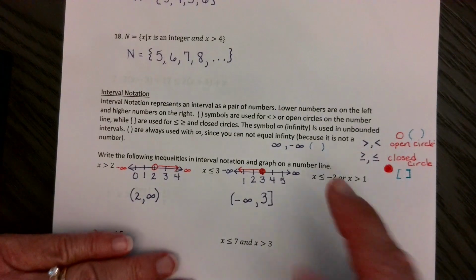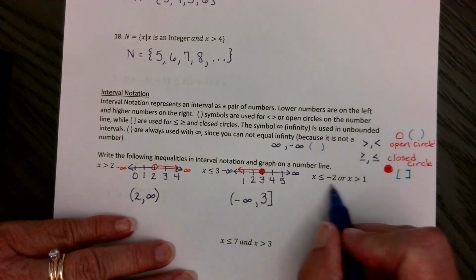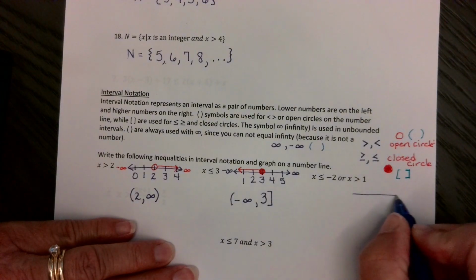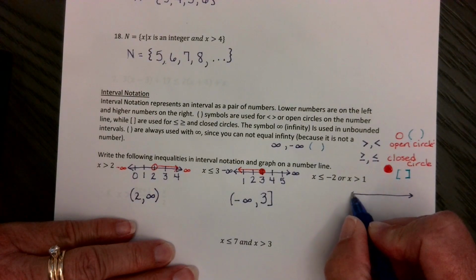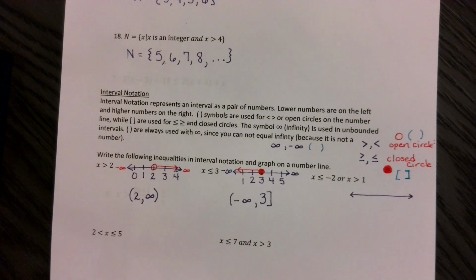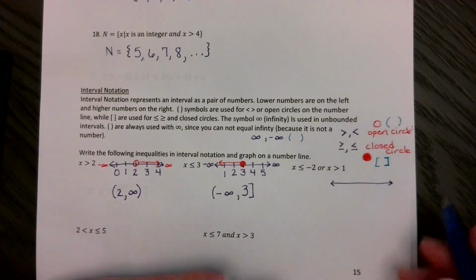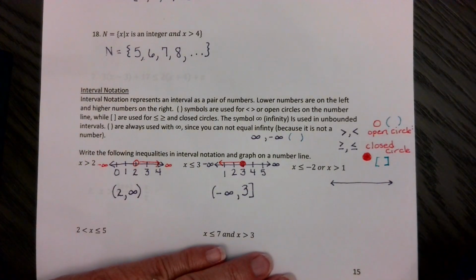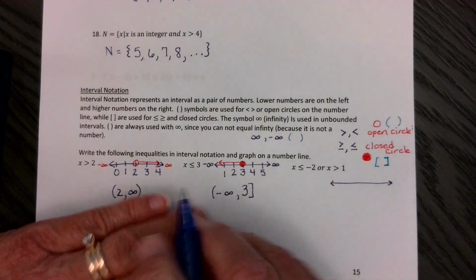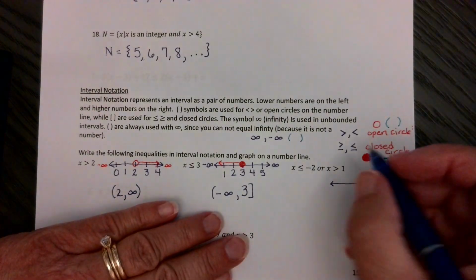Okay, so this one right here, we actually have 2 things we're going to graph. And it's not that you're going to deal a whole lot with ands or ors. You'll have some homework on it. I won't put it on the test. All right, so let's just graph this as two different ones. All right, so we got -2 and we got 1. On a number line, you want to put them in order.